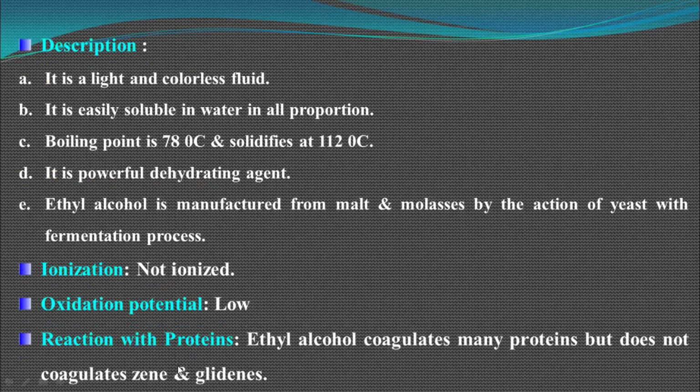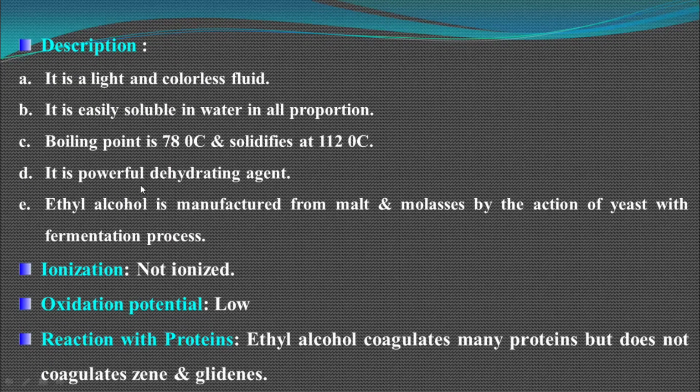So, what are the properties of ethyl alcohol? Ethyl alcohol is a light and colorless fluid. It is generally soluble in water in all proportions. The boiling point of ethyl alcohol is 78 degrees centigrade and it solidifies at minus 112 degrees centigrade.